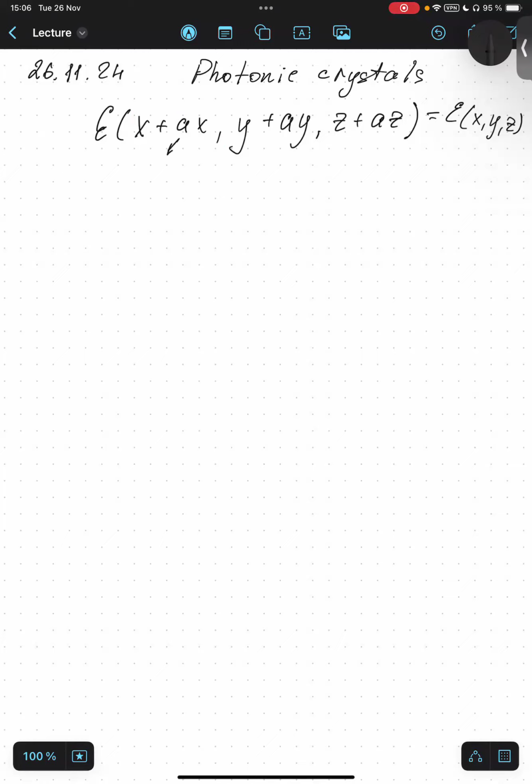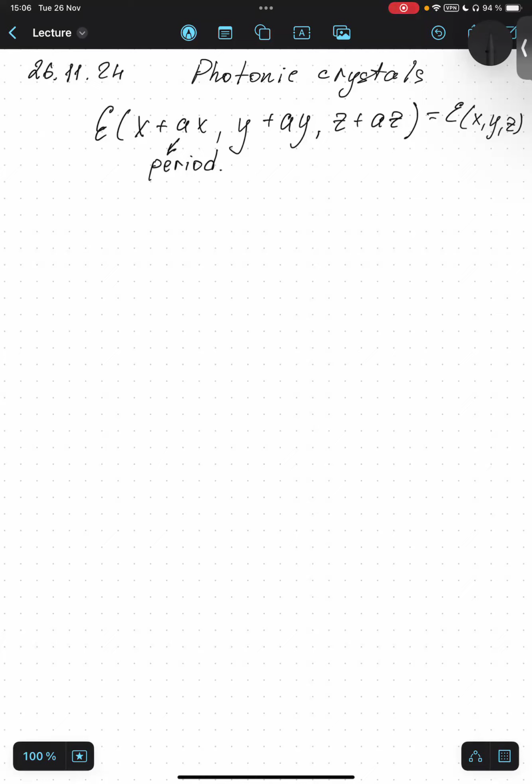Here a is the period of the structure. Basically, it can change in any direction, in x, y, and z, but yes, this is a periodic permittivity. So here's the question: what will happen with the dispersion relation in such systems?